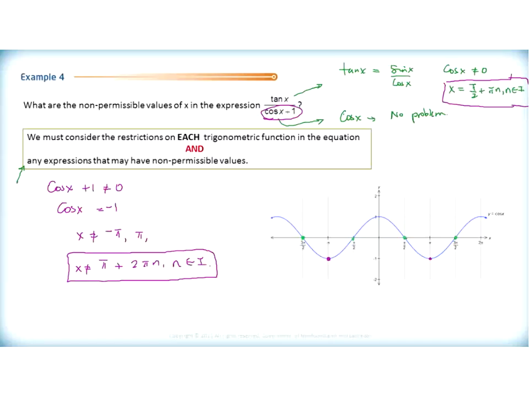So the answer this time is actually x equals, and I would write it like this, pi plus 2 pi n, where n is the number of I, and pi over 2 plus pi n, where n is the number of I. That's my solution.